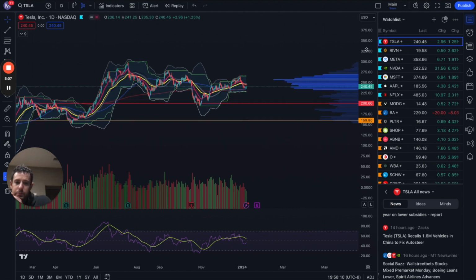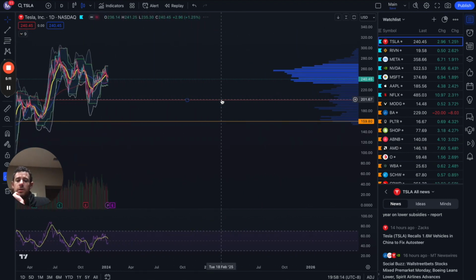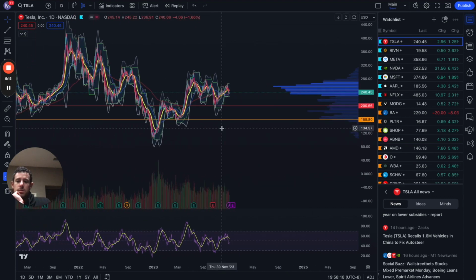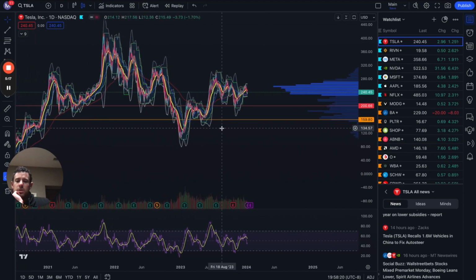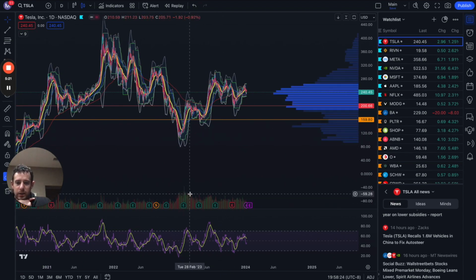Let's zoom out a little bit and see if it changes. So this is volume for the day, and this is volume at prices. If there's a volume that's higher than most, that's the volume profile, and it's the most volume.